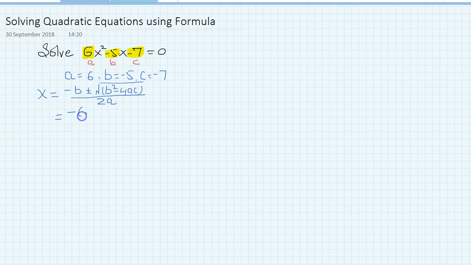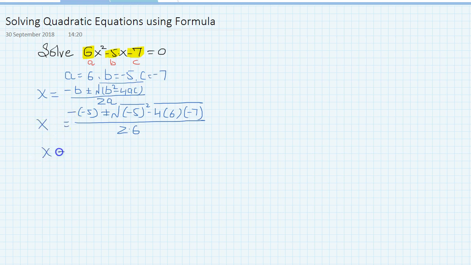Minus b is negative 5, plus minus root, b square, that is minus 5 square, minus 4, a is 6 and c is negative 7, divided by 2a, 2 multiply 6, that is the value of x.